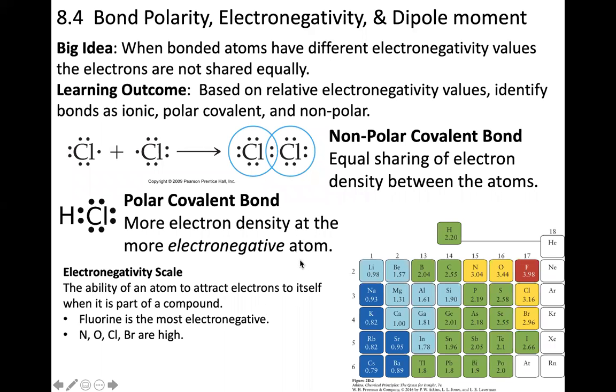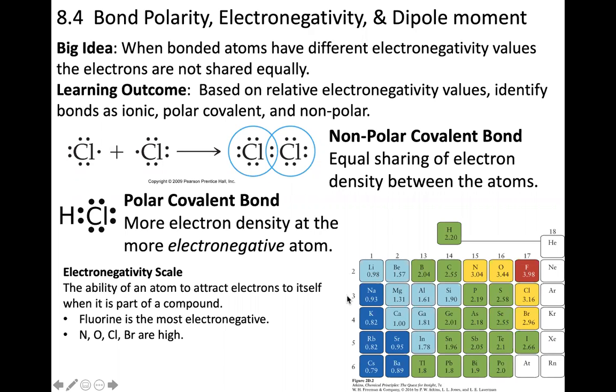That idea of saying it's on one of the atoms more than the other, that's what the electronegativity tells us. Electronegativity is the ability of an atom to attract electrons to itself when it is part of a compound. So when an atom is bonded to other atoms, how much of an attraction does that atom have for the electrons that are within the molecule? That's what the electronegativity is telling me.